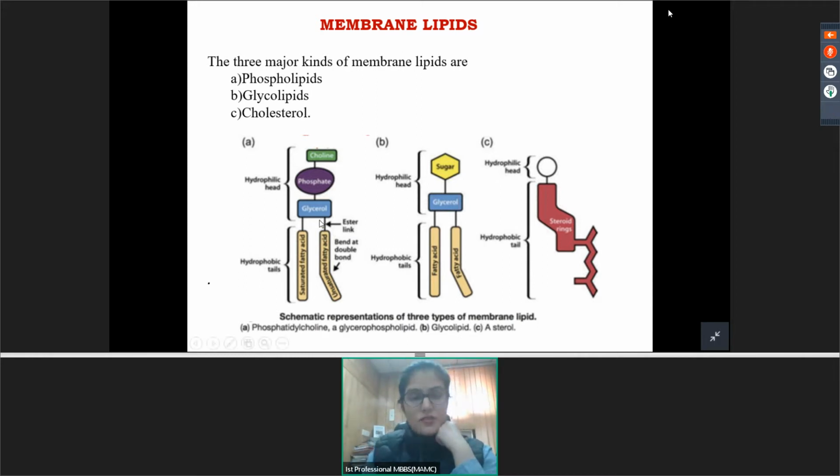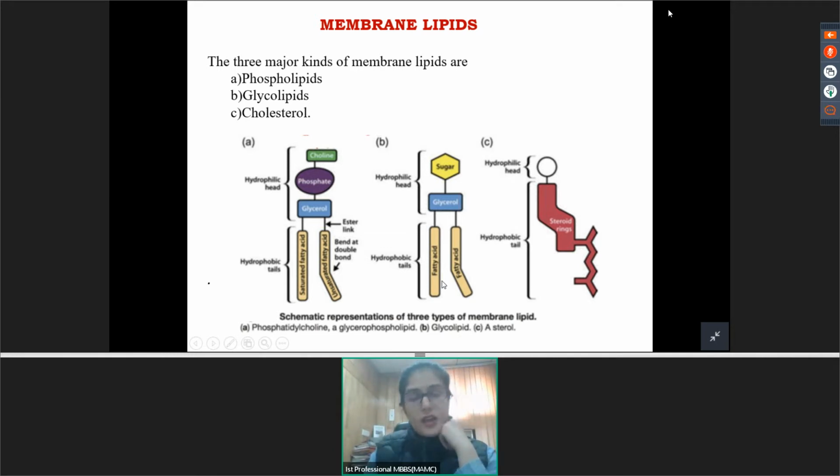So you can see the structures of phospholipids, glycolipids, and cholesterol in this diagram. And you can see that all three of them have a hydrophobic region and a hydrophilic region. In the case of a phospholipid, there are two fatty acid chains that are hydrophobic, and the rest of the molecule, which is made up of glycerol, phosphate, and choline in this example, is hydrophilic.